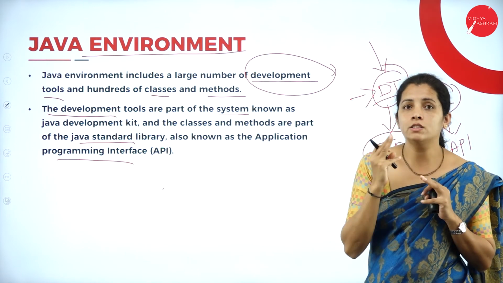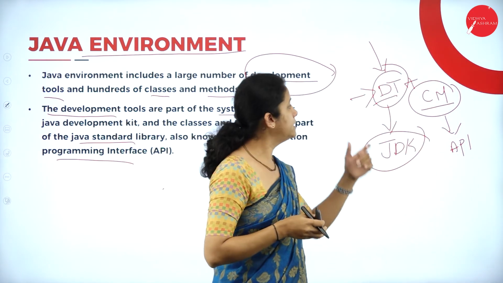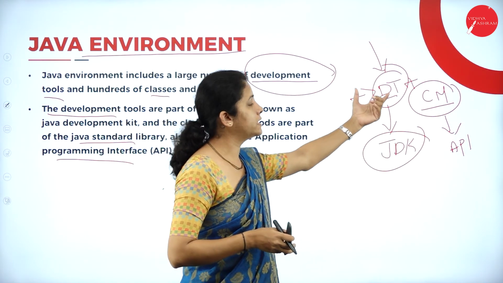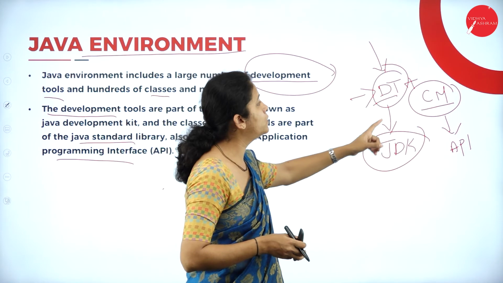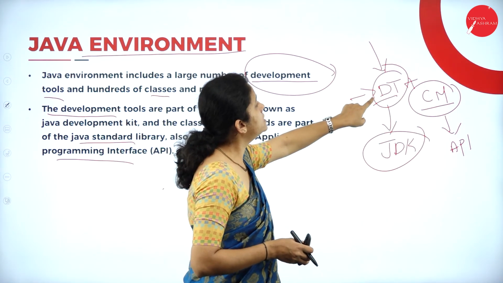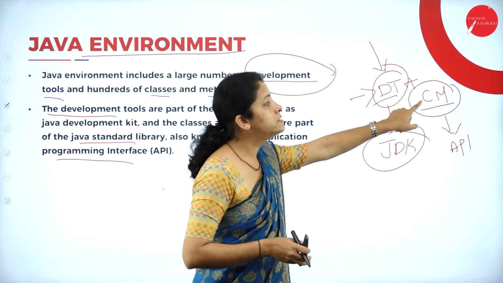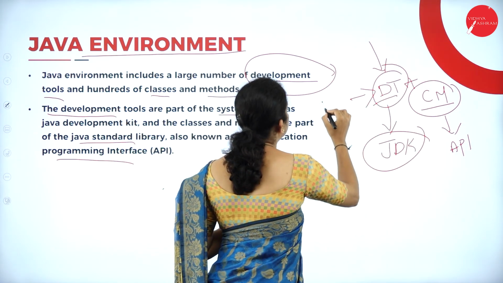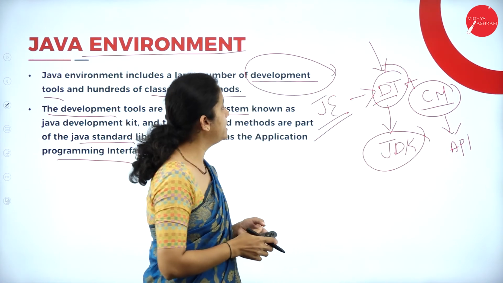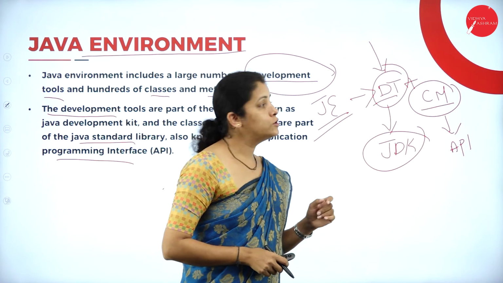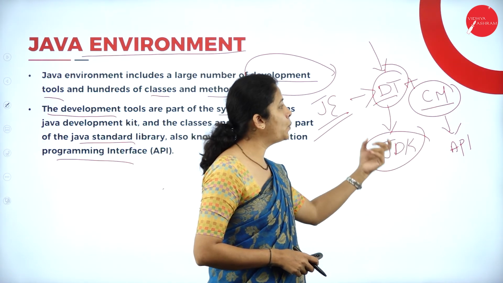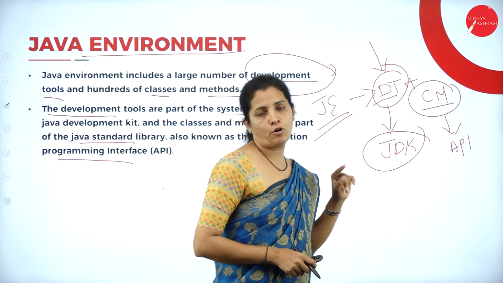So dear student, while studying this topic, what are the things you want to remember? That is DT and CM. What is DT? Here DT is development tool, and what is CM? That is class and method. And this DT and CM together form JE. What is JE? That is Java environment. DT is also called JDK, that is Java Development Kit, whereas CM is also called API.